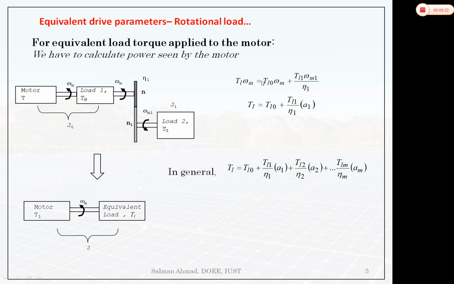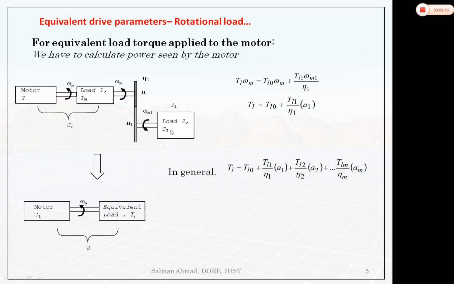This power will be equal to the power of the original system. The power of the original system will be, this load was developing torque TL naught and running at speed omega m because it is directly coupled to the motor, so TL naught into omega m, plus the power of this other system.